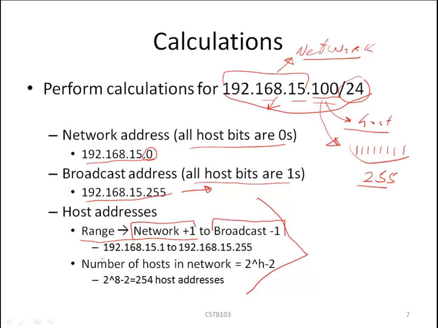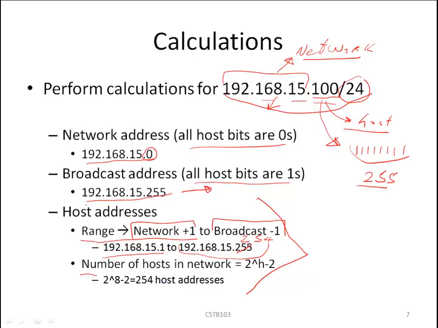So what is the network address +1? Well, 0 plus 1 is 1. So our first valid host address is 192.168.15.1 to 192.168.15. Oops, sorry. This should be 254 because it is the broadcast -1.